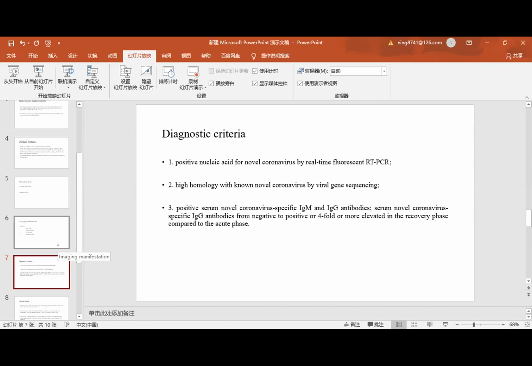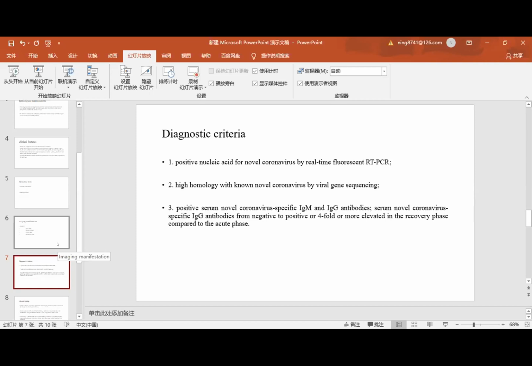While there are difficulties in diagnosis and differential diagnosis, greater emphasis should be placed on the clinical presentations. Patients with a history of exposure that cannot be ruled out should be considered as COVID-19 patients or suspected cases if they have associated symptoms, imaging manifestations of lung infection and low white blood cells, even if the nucleic acid test is negative.